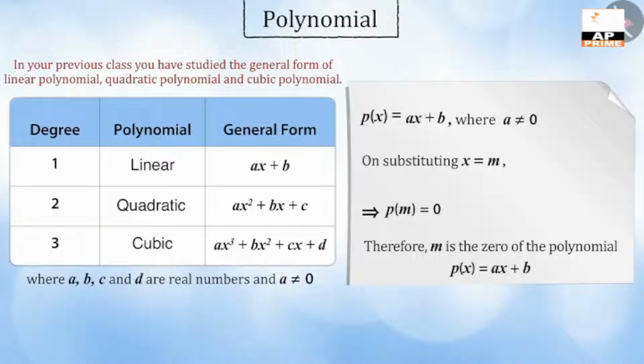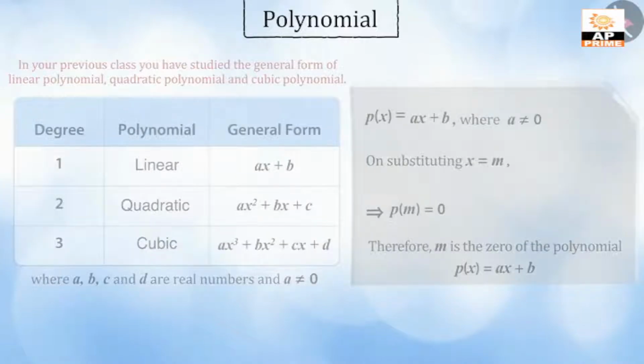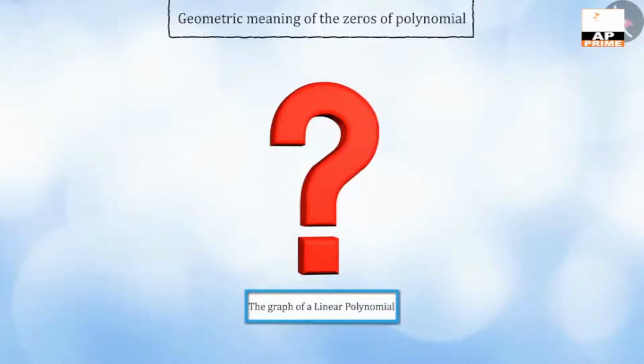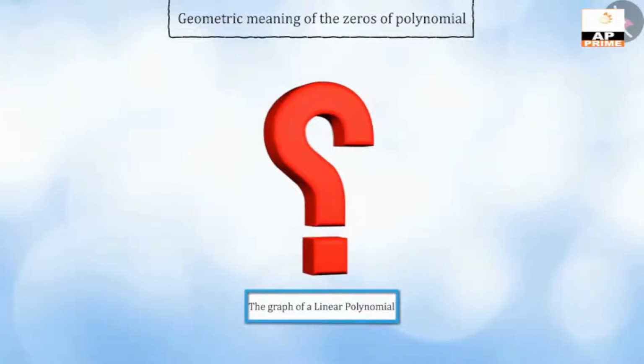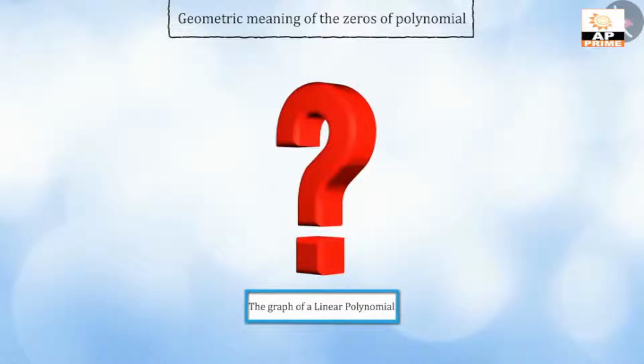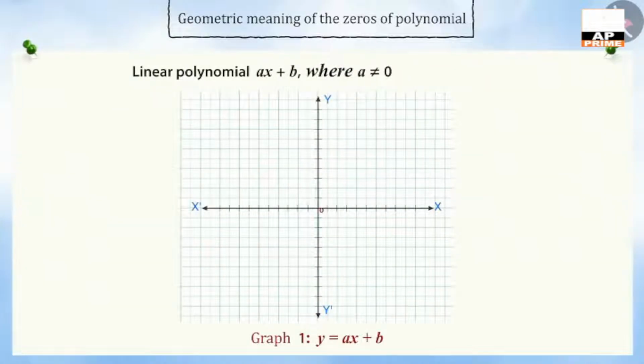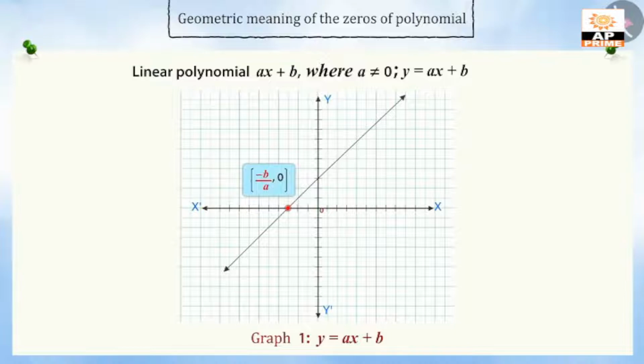Now let us understand the geometrical meaning of zeros of a polynomial. Can you tell how the graph of a linear polynomial will look? For a linear polynomial ax plus b, the graph y equal to ax plus b is denoted by a straight line, which intersects the x-axis at the point (minus b by a, 0).